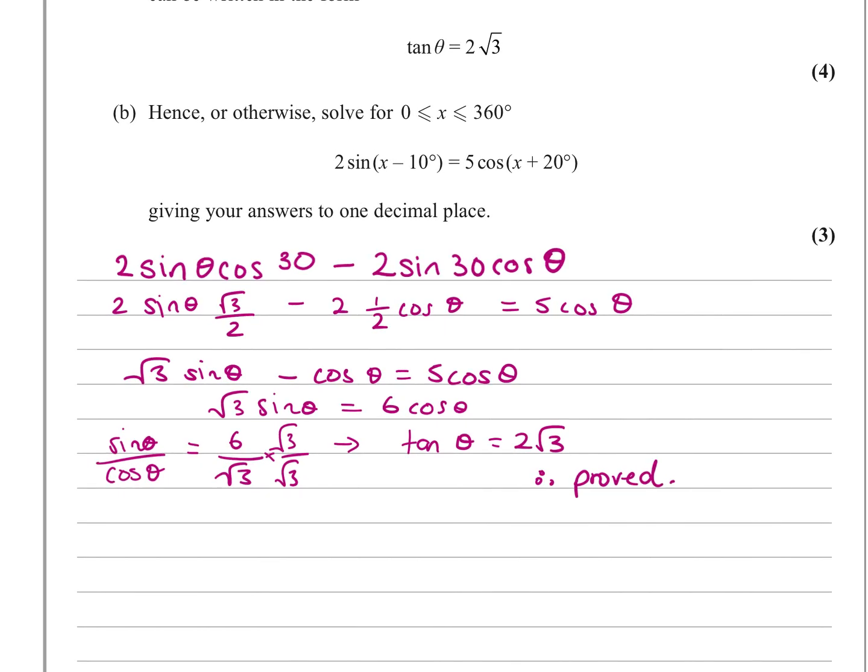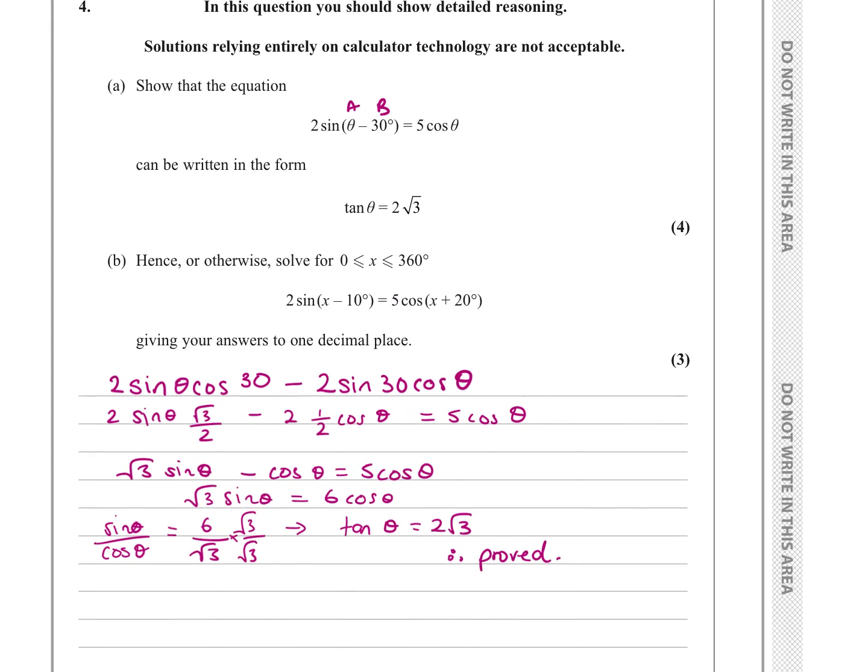So, for the second part of the question, what we need to look at here is you can see theta equals x plus 20. Okay? So, and theta minus 30 equals x minus 10. But what we find is that because theta is x plus 20, that means if I was to put x plus 20 in here, x plus 20 minus 30 is x minus 10.